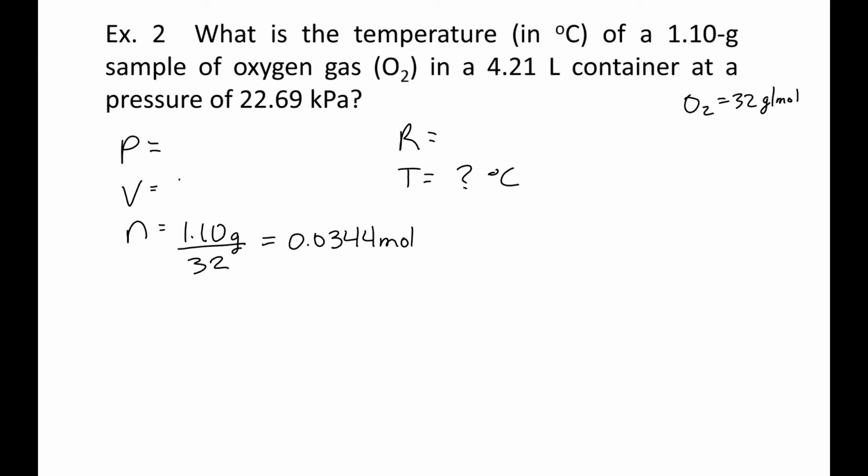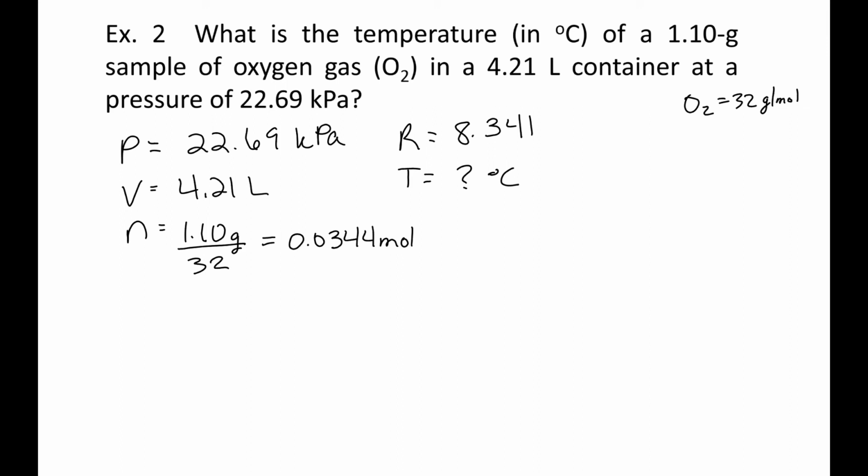Sample of O2 gas in a 4.21 liters, remember liters are volume, container, at a pressure of 22.69 kPa. So I've got kPa. So I'm going to go back and look at my R values, and I find the one that has kPa in the units, and it's 8.341.